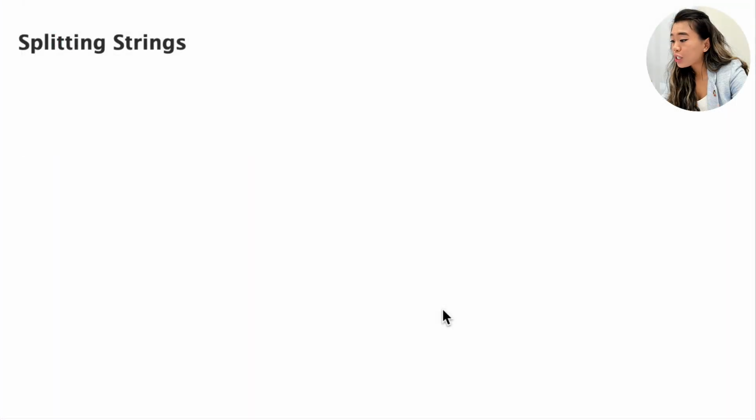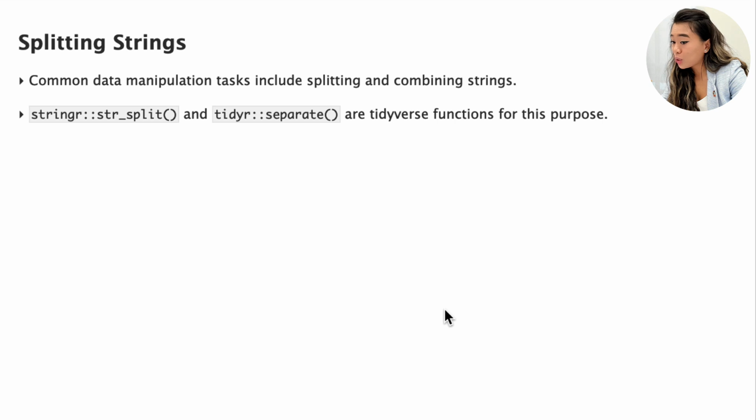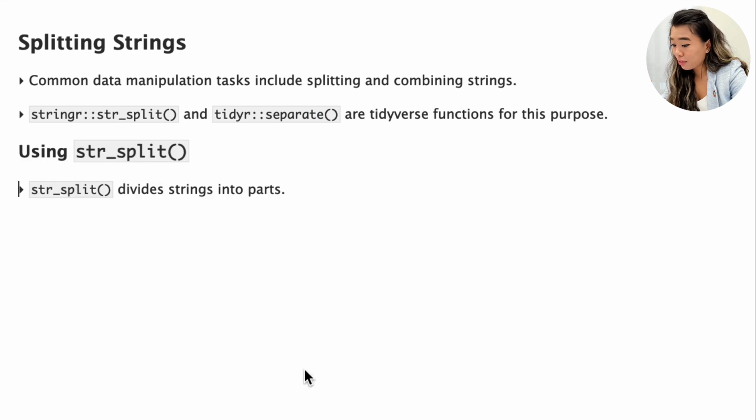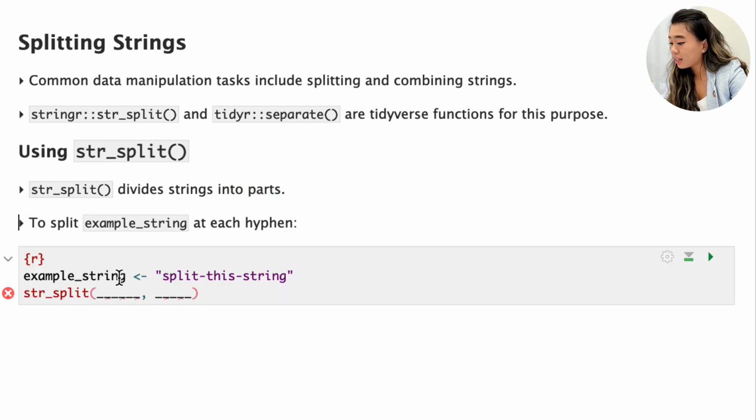Moving forward, let's go over splitting strings, which is a common task in data manipulation. The tidyverse offers efficient functions for this task, most notably the str_split and separate functions. Now, as we said before, the str_split function is useful for dividing strings into parts. To see this function in action, let's take this example string into consideration.